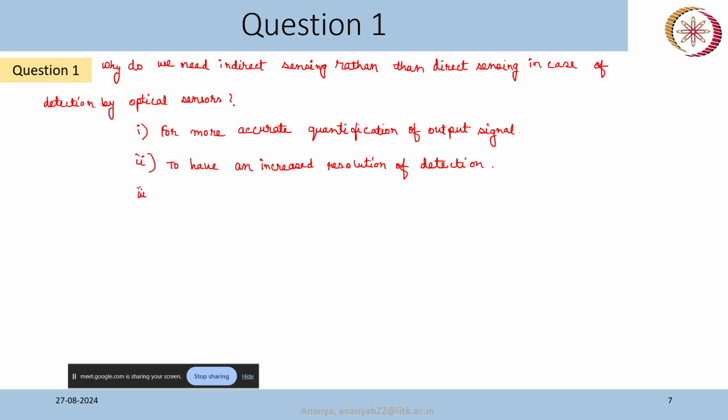Option 3 is for easier implementation. And option 4 is for non-contact sensing.